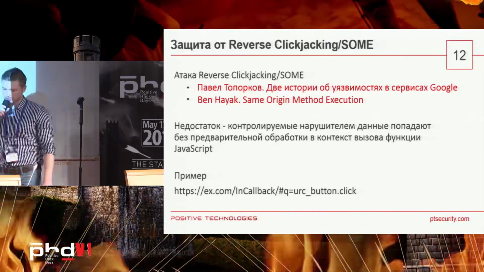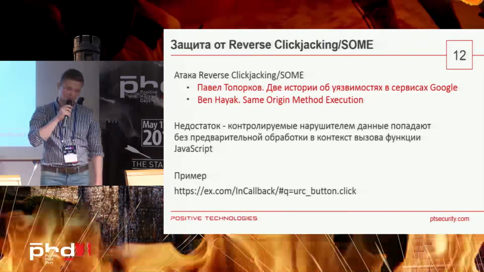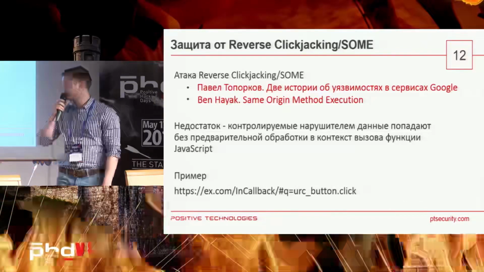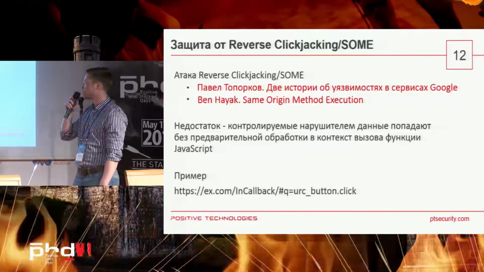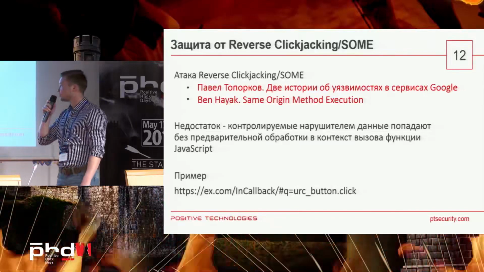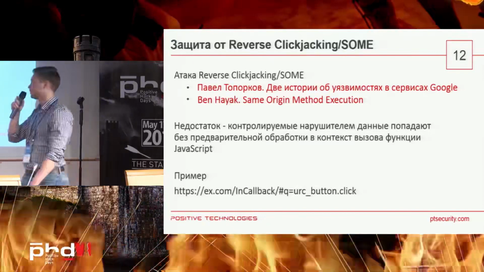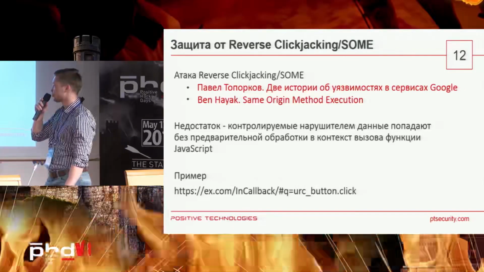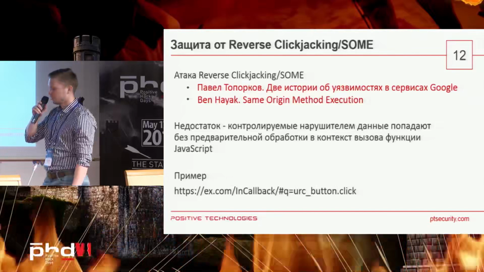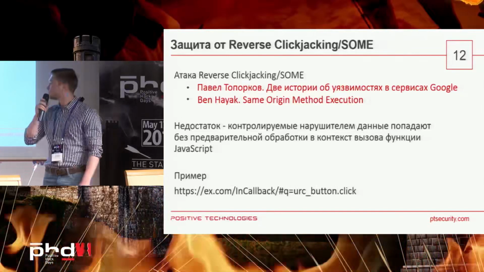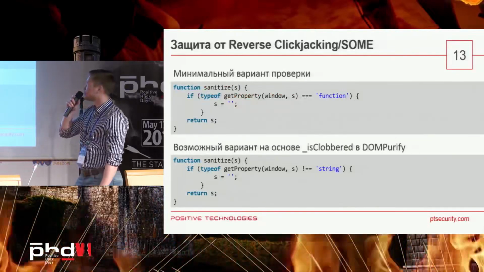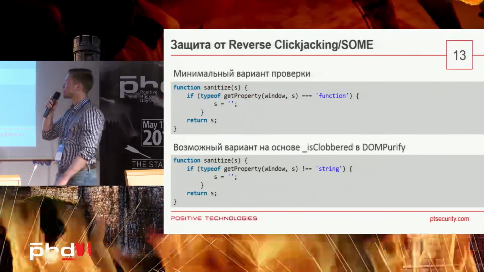The protection here is plain and simple. Everything that we need to do is check all the incoming data in our location search or location hash to find out if the window object has this property and make sure that this property is a function.